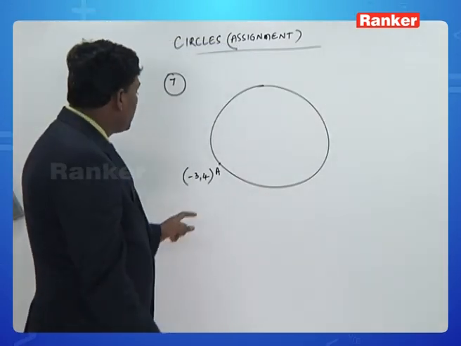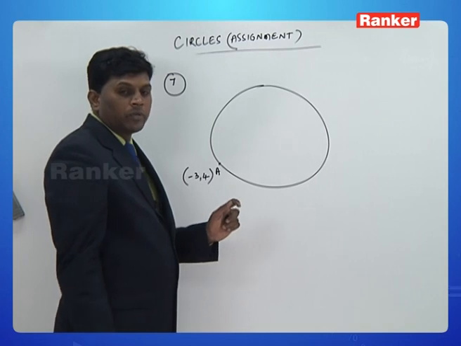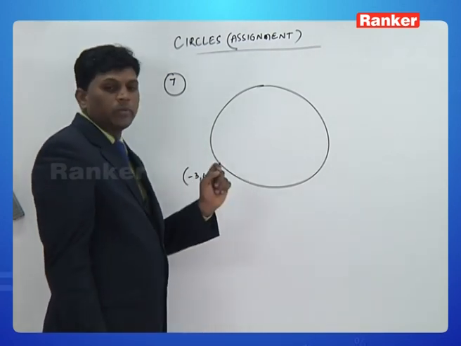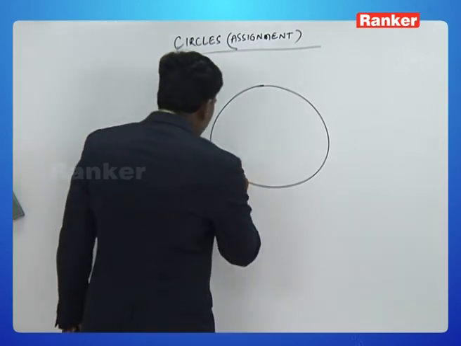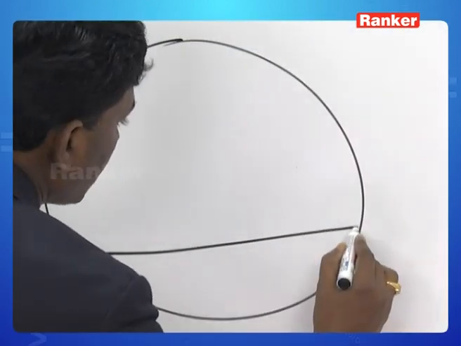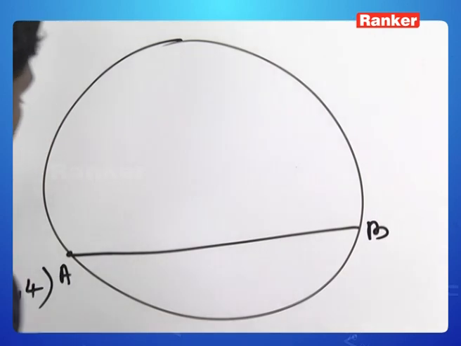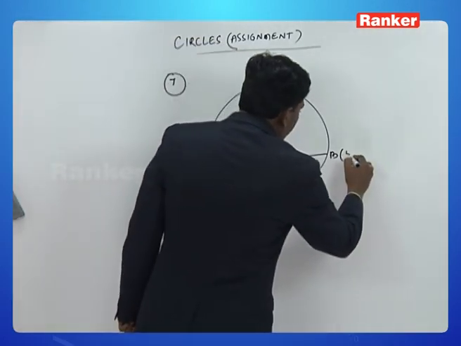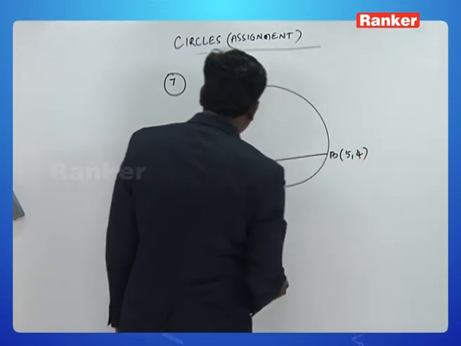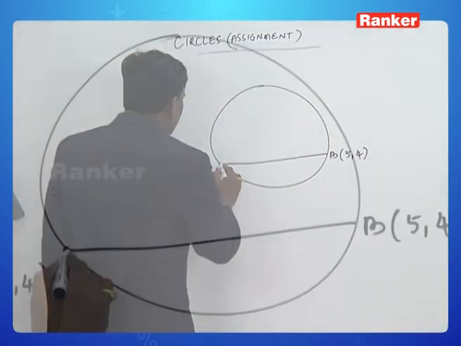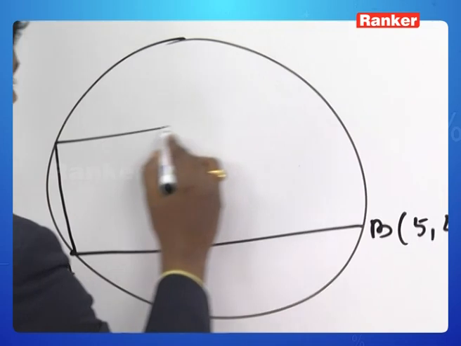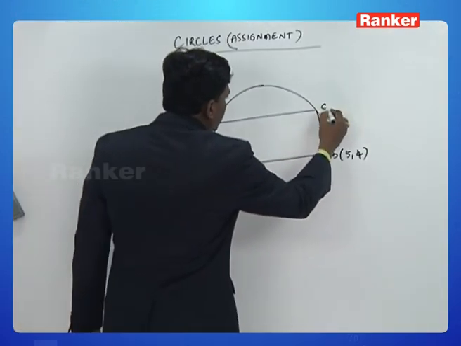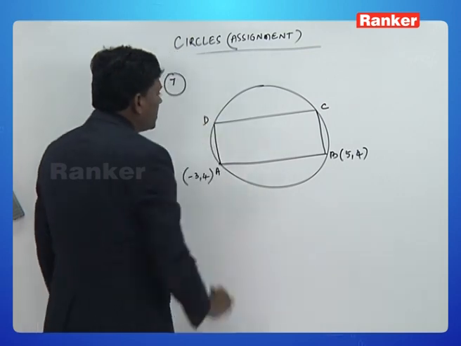Clearly point B is 5 comma 4. Here the ordinates of A and B are both 4, that's why clearly this AB is a horizontal line whose coordinates of B are 5 comma 4. Because it is a rectangle, obviously the other two sides are vertical. Take this as C, this as D.